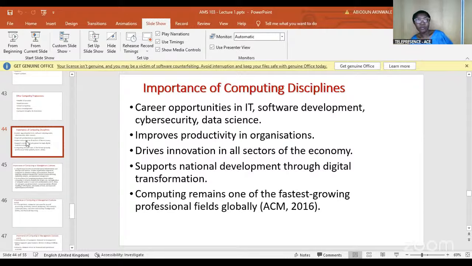So what is the importance of computing disciplines? Number one, career opportunities, information tech. We've shared it together. Software development, cybersecurity, data science. So you see, all these set of specialists making a lot of contributions to our community.